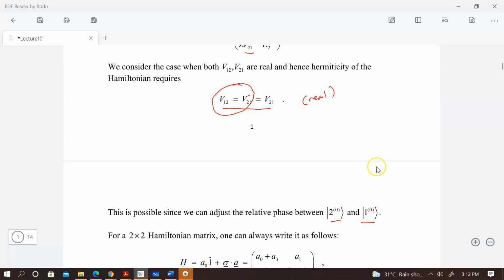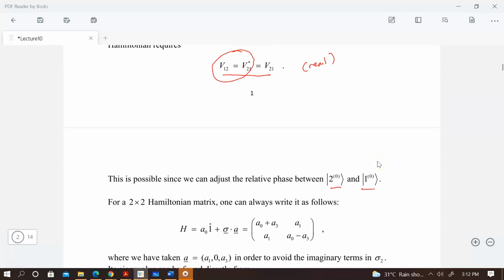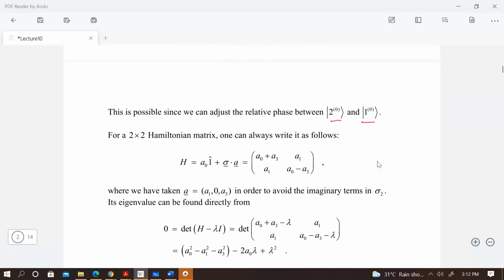So now what one could also do is to write your 2 by 2 Hamiltonian matrix using your Pauli matrices. I've forgotten all the names.